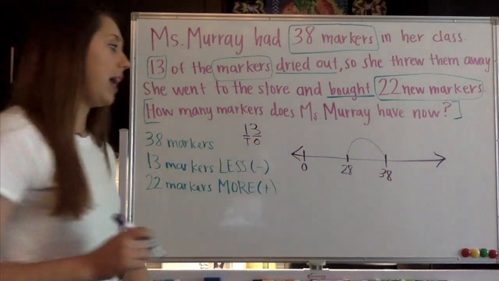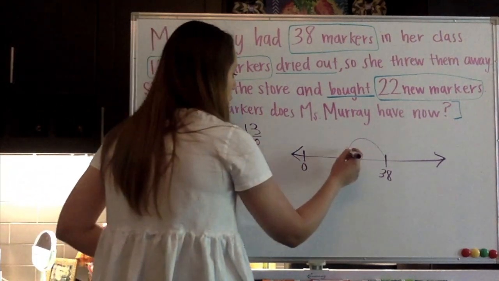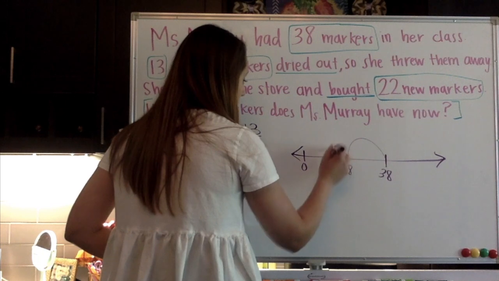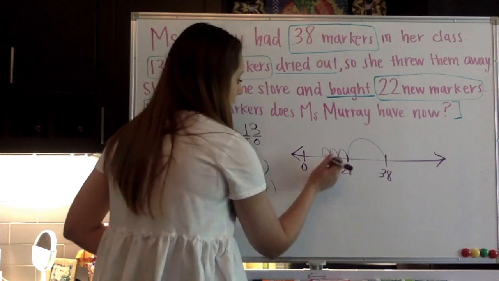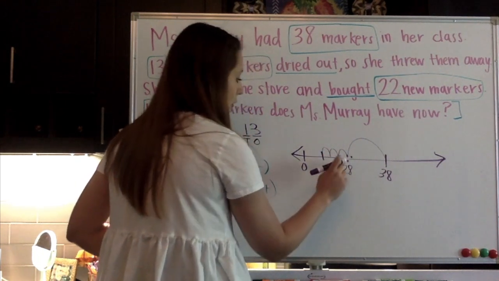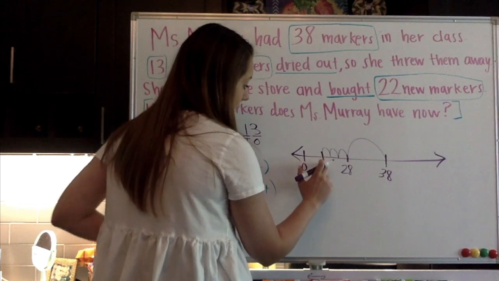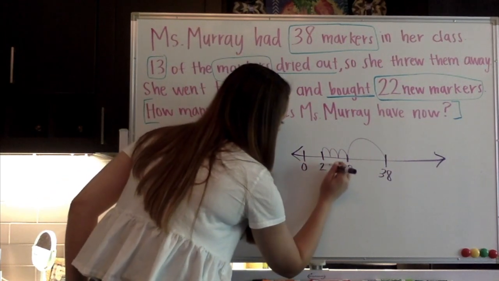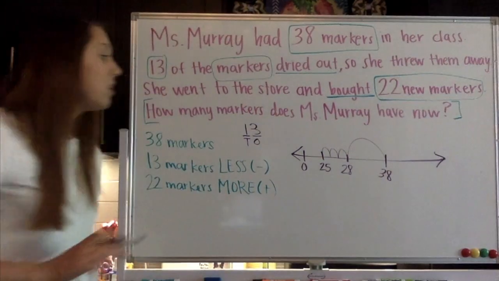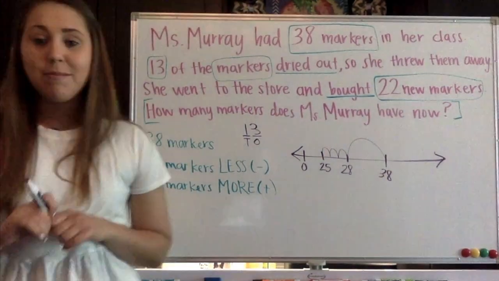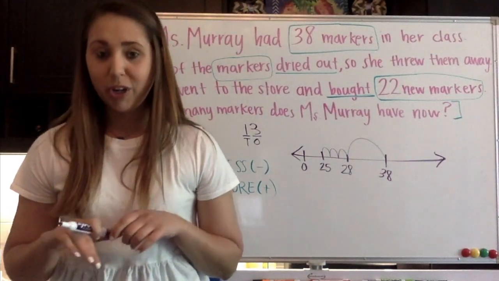And now I'm going to jump backwards my 3 1s. So I have 1, 2, 3. So I know that will take me to 27, 26, 25. So now with the markers that I've thrown away, I am down to just 25 markers.